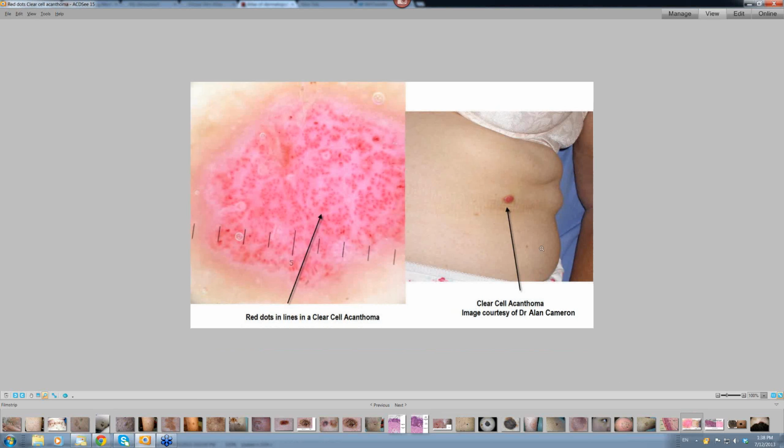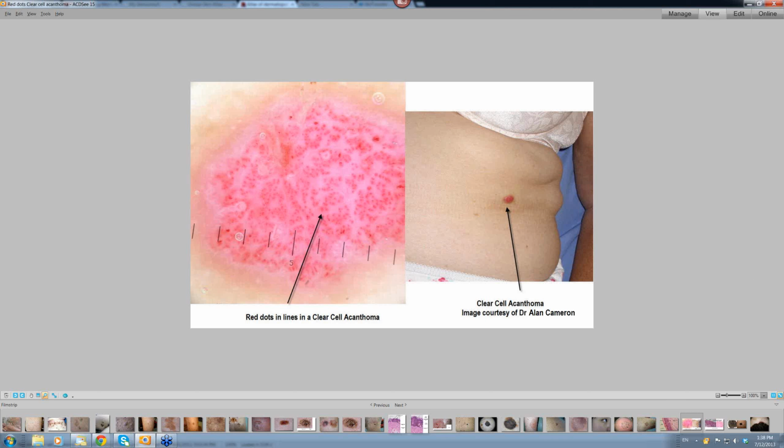They're usually pink lesions like this, usually on the flank of the lower legs. And if you look at them, you'll see these dots, red dots and lines, typical feature of a clear cell acanthoma. It's a very distinctive dermatoscopic picture, this.